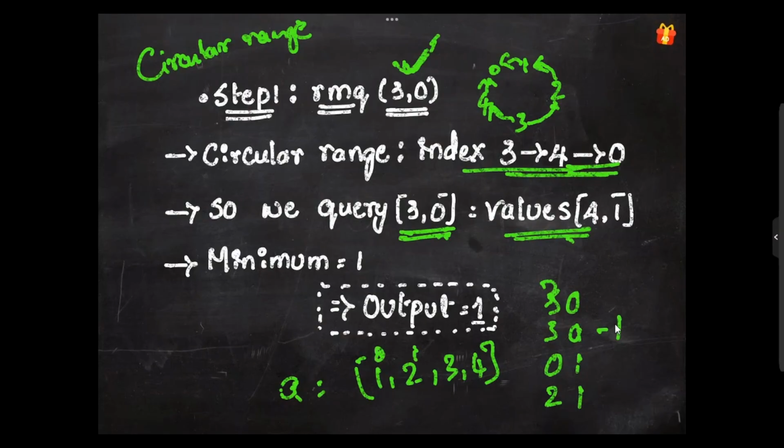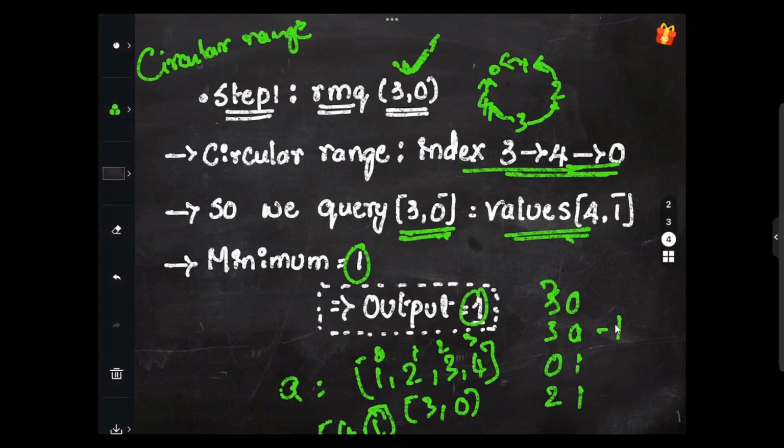For the value at 3 this is 4, for the value at 0 this is 1. So the minimum among 4 and 1 is 1, so the output is 1. I hope this part is completely clear.